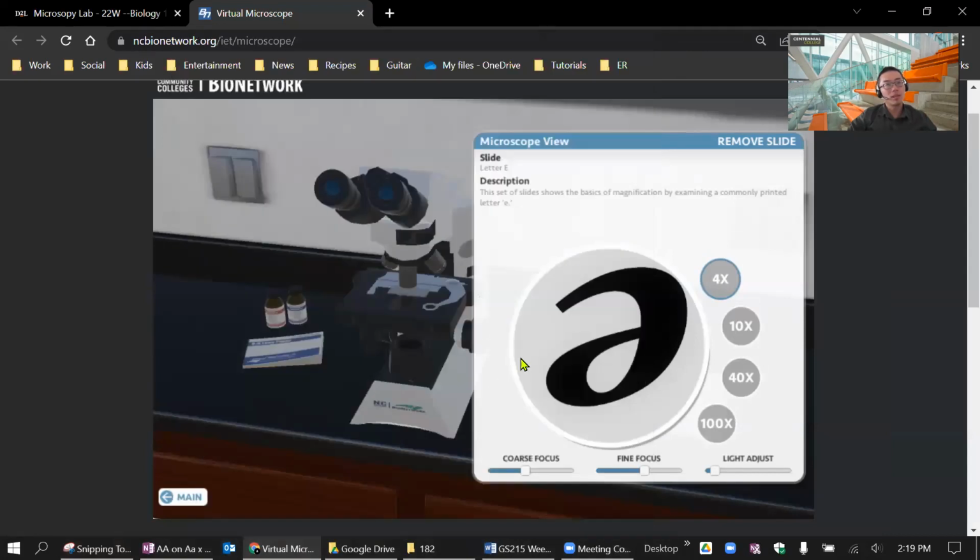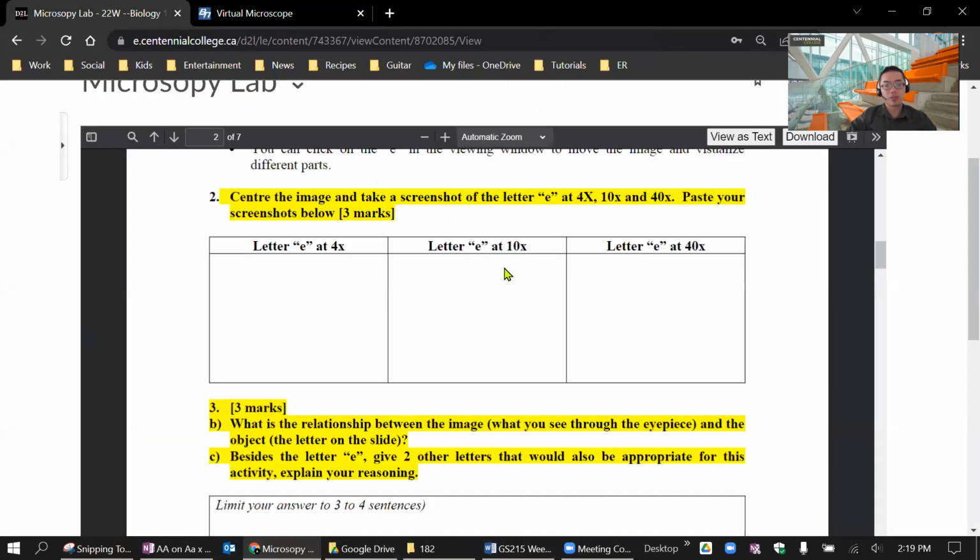Don't give me your whole screen, and definitely do not give me a link to your Google Drive or something. Just paste your picture directly into the document. No links. It's much easier for me to mark that way. A lot of the questions involve taking pictures.